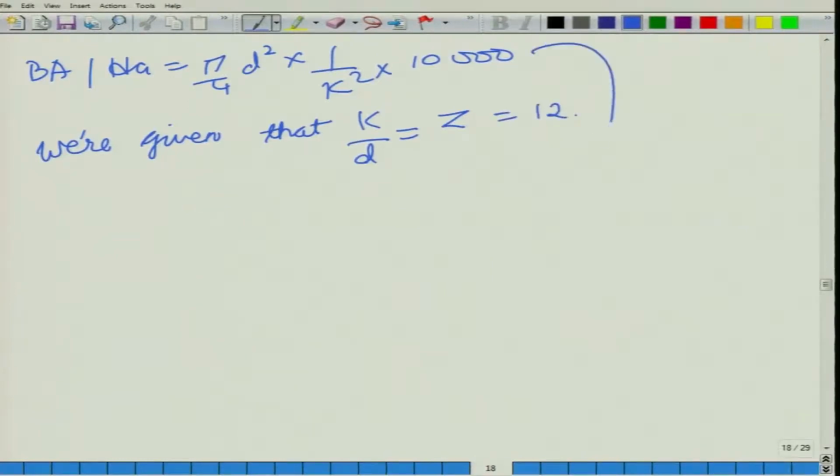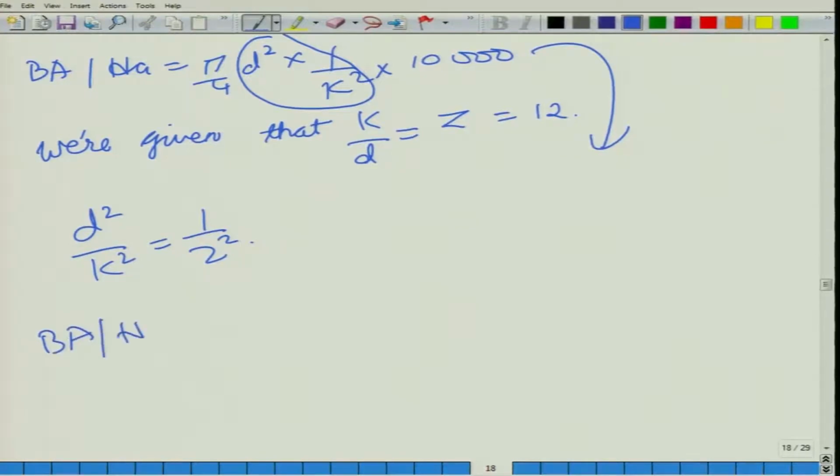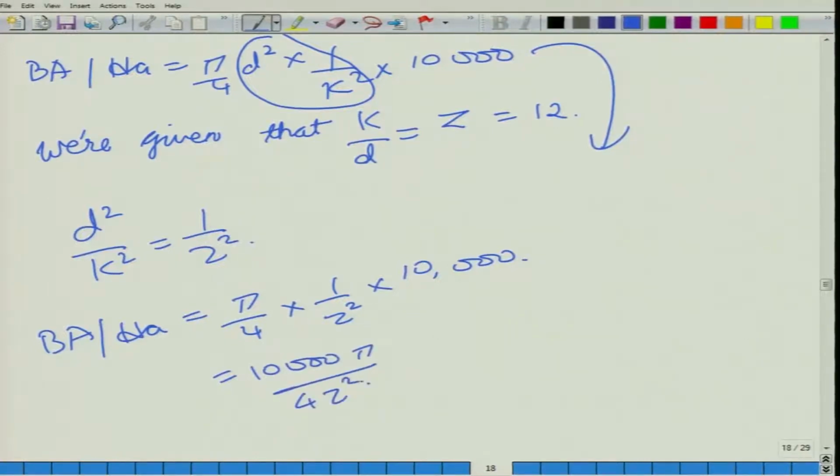Now in this equation let us replace k and d by z. So we have d square by k square, which is equal to 1 by z square. So we have the basal area per hectare is equal to pi by 4 into 1 by z square into 10,000, or we can also write it as 10,000 pi upon 4 z square.